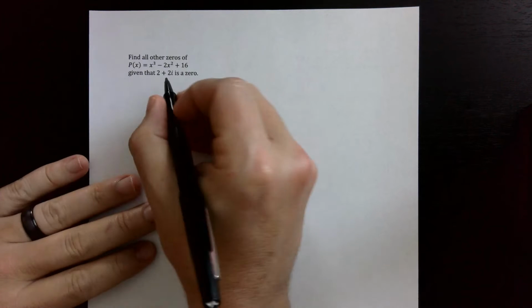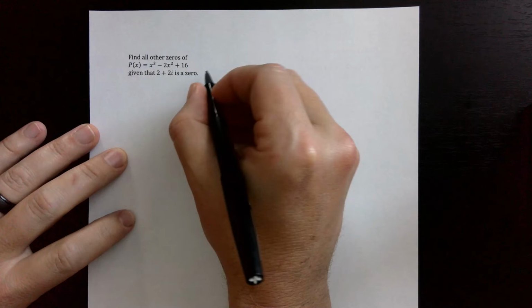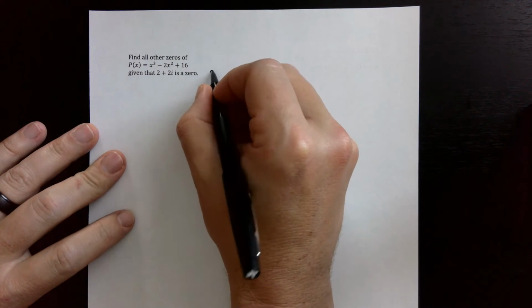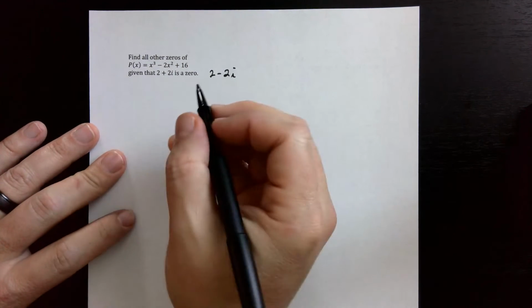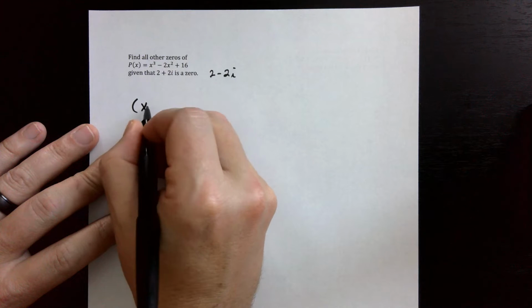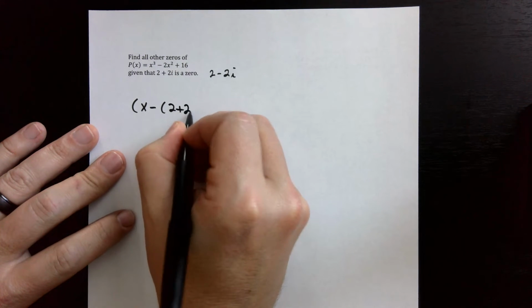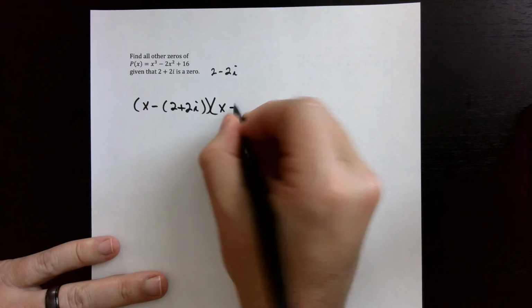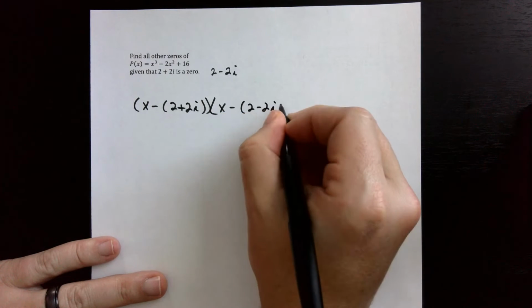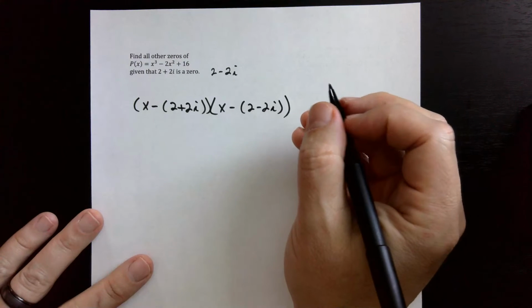Okay, so this time we have p of x is equal to x cubed minus 2x squared plus 16, and we're given that 2 plus 2i is a 0. Okay, so complex conjugate theorem tells us that 2 minus 2i is also a 0. So we'll start just like we did the last one. Do x minus (2 plus 2i), and then x minus (2 minus 2i). Okay, let's multiply this through.